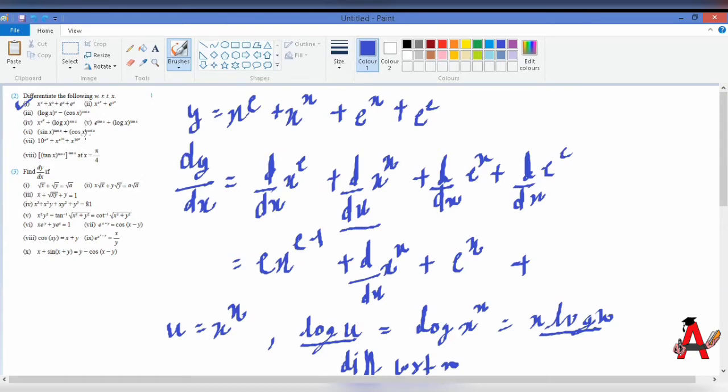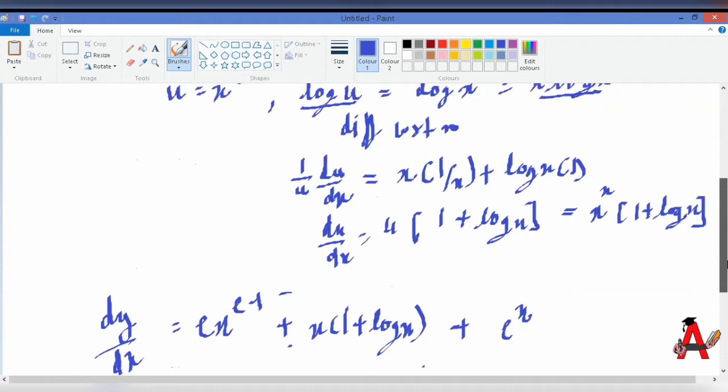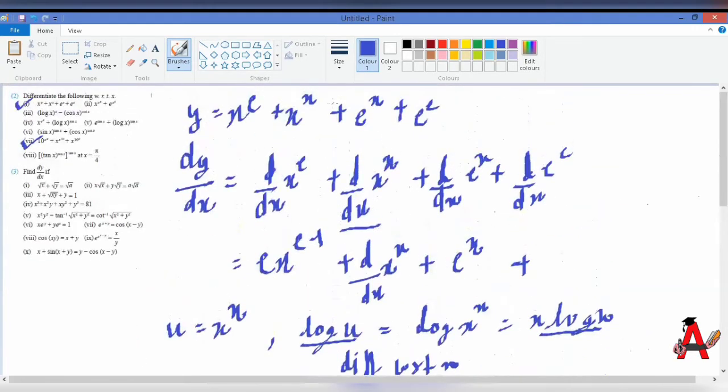So let us try and do question number 7, which is 10 raised to x and x raised to 10 and x raised to 10 raised to x. So let's write the question.